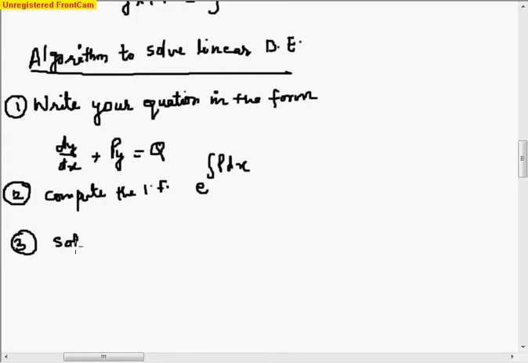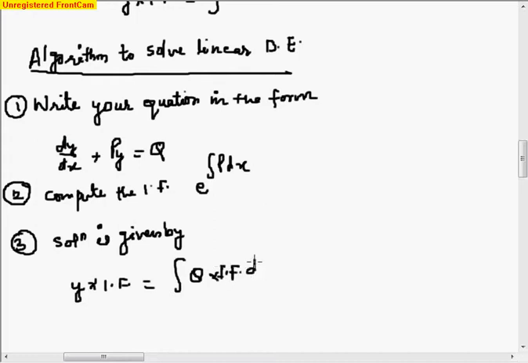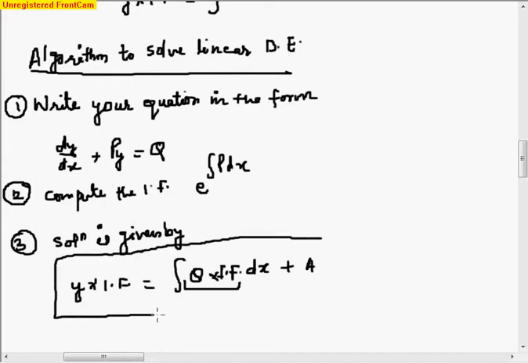Solution is given by y times integrating factor is equal to integral of q into integrating factor, right? You will multiply q with integrating factor and then you will integrate that thing, again plus a constant of integration. This is how you will give the solution of the differential equation.